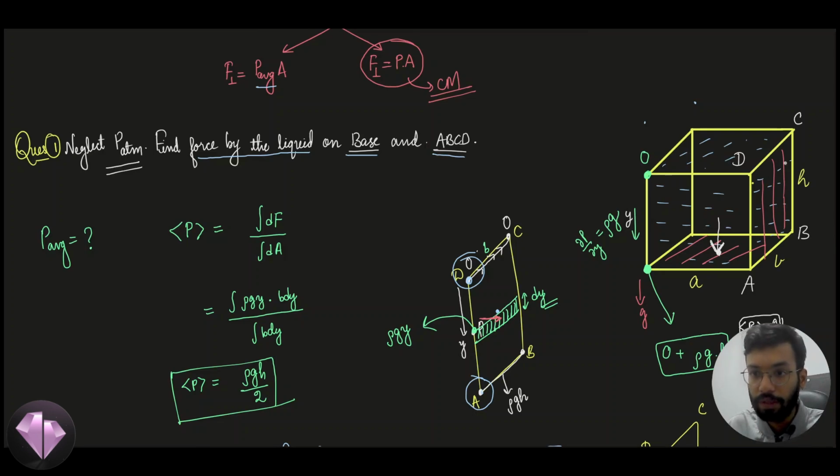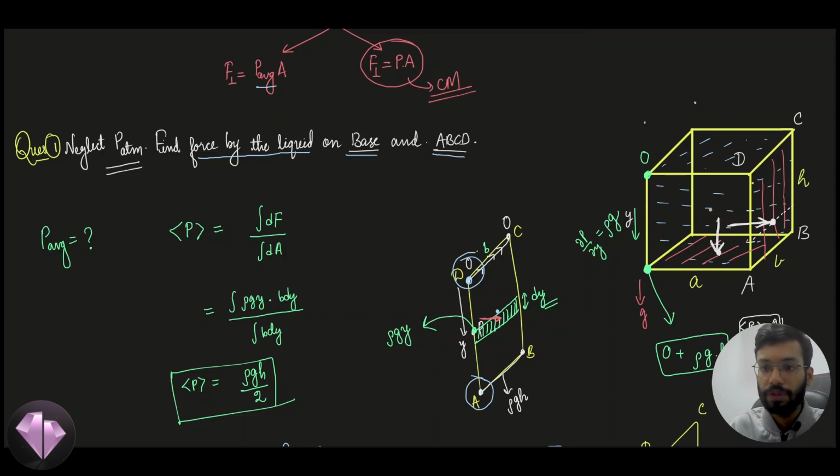What is its point of contact? From here it is 2h by 3, so divide it into 3 parts. At a distance of 2h by 3 at this point, the liquid is applying a force on this surface in this direction. So these are the two forces which were asked.